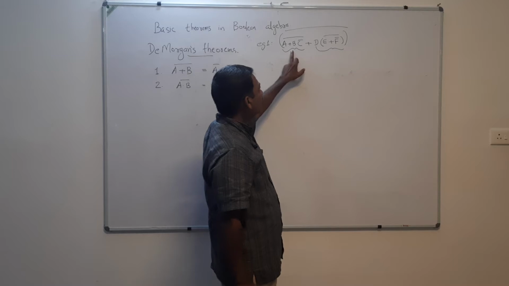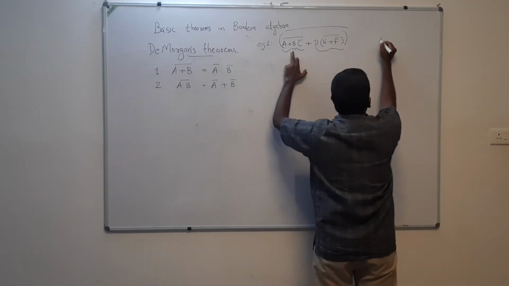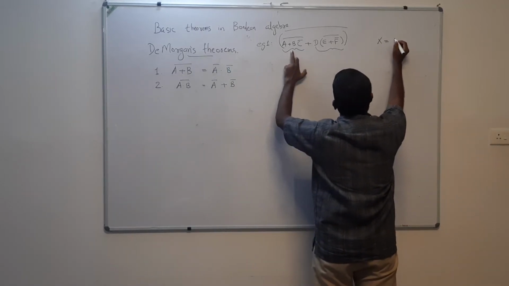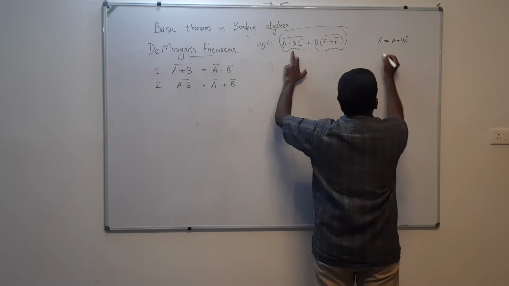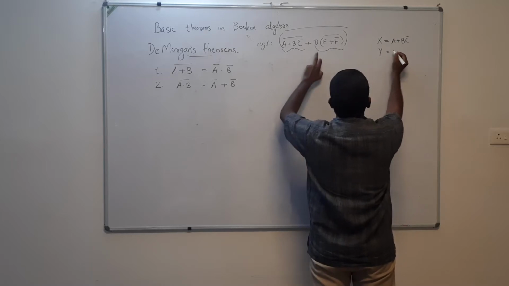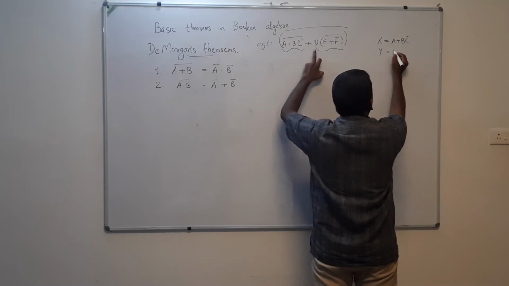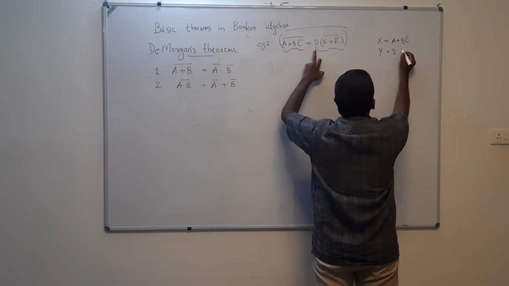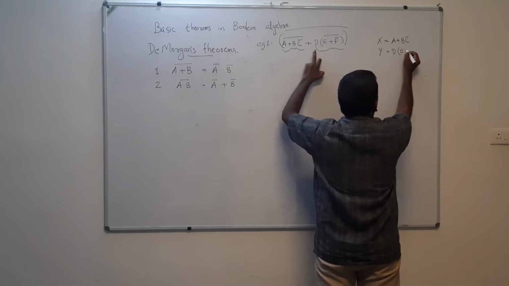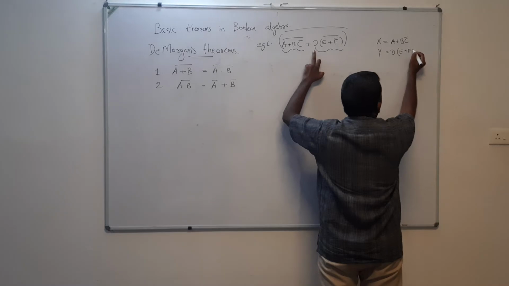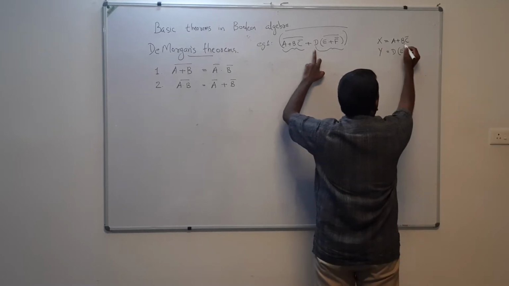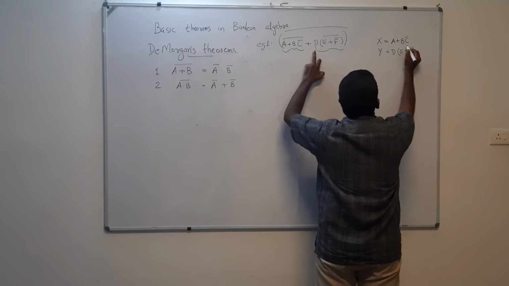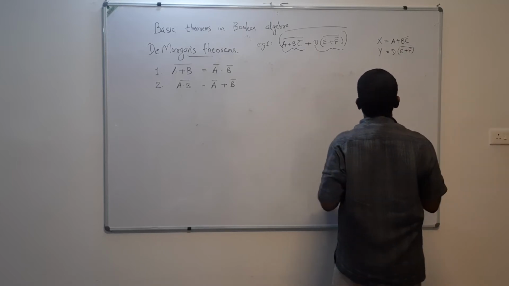So I am going to treat X as A plus B C bar, and Y as D into E plus F bar.